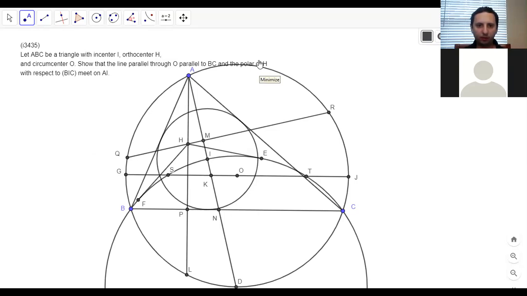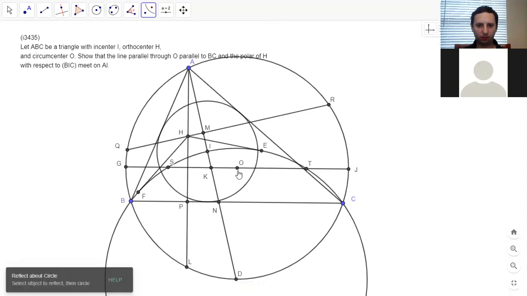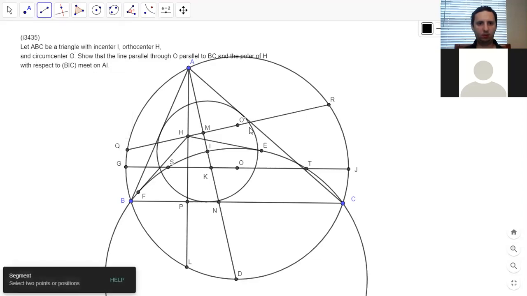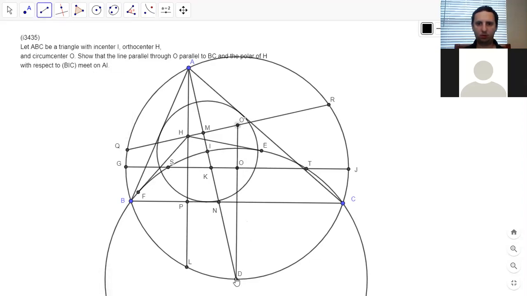If O prime is the inverse of O, then we need to show that HO prime is perpendicular to AI. All right. In other words, we need to prove that O prime is on HM. Is that just similar triangles?